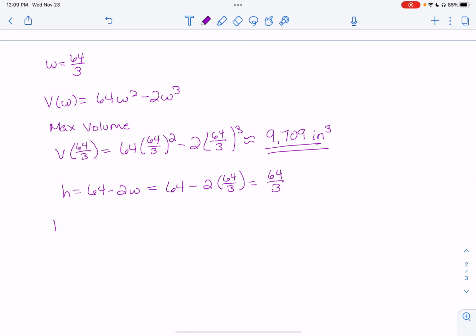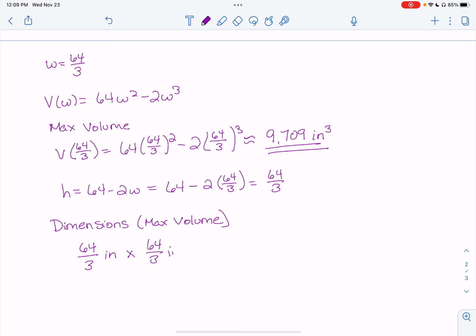So my dimensions at the max volume are going to be 64 thirds inches, because that's my width, by 64 thirds inches.